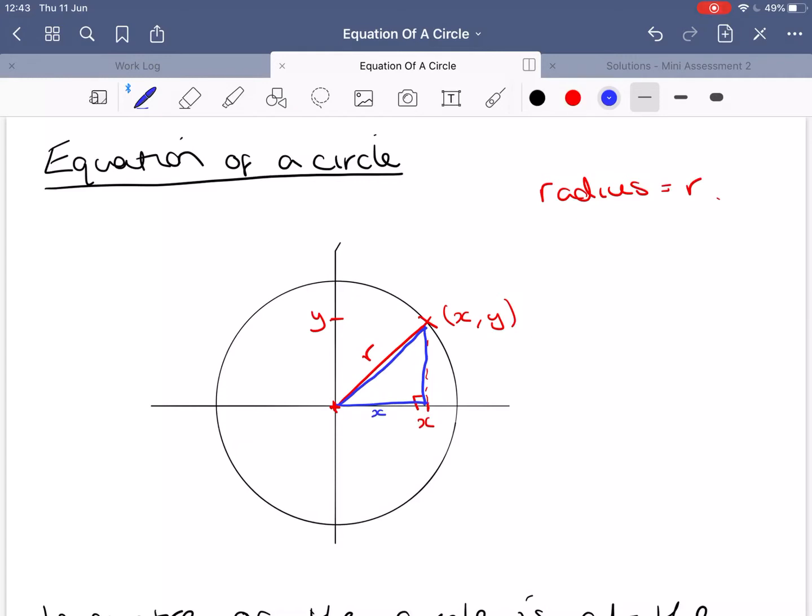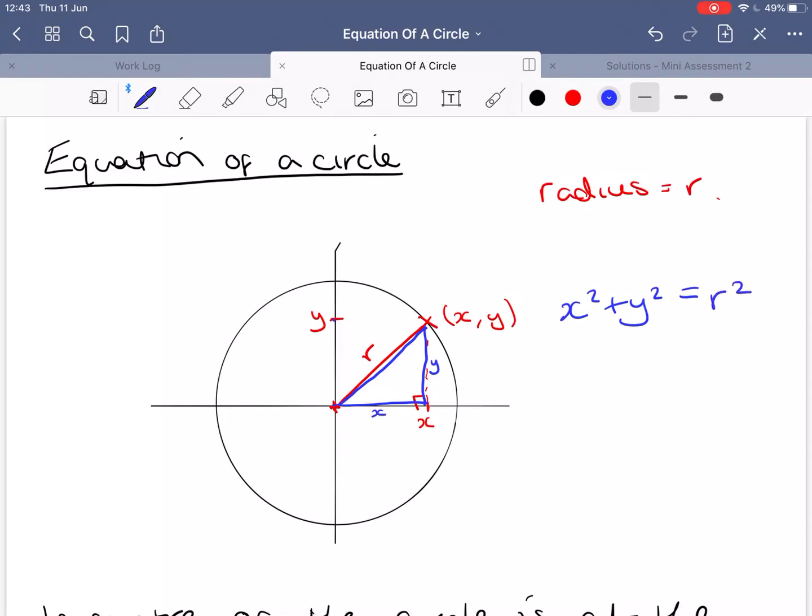The height of this triangle is y because again it's going from the origin up to y. The hypotenuse of this triangle has got a length of r.